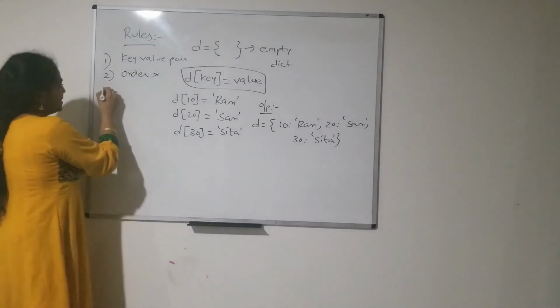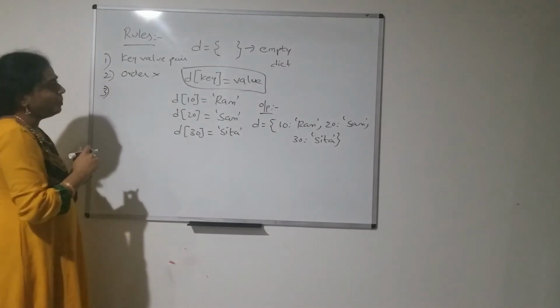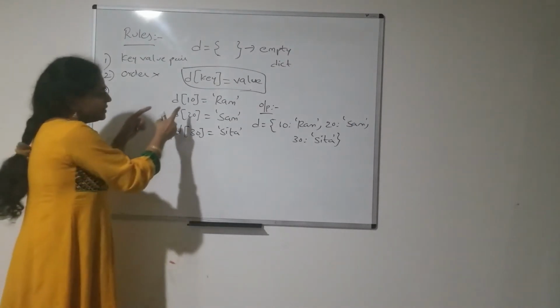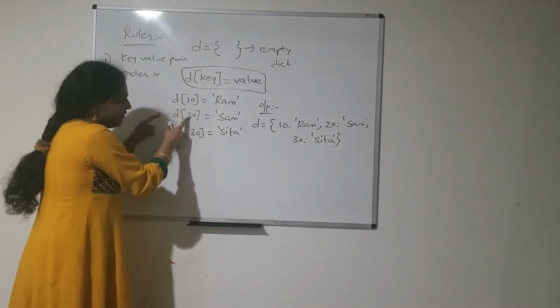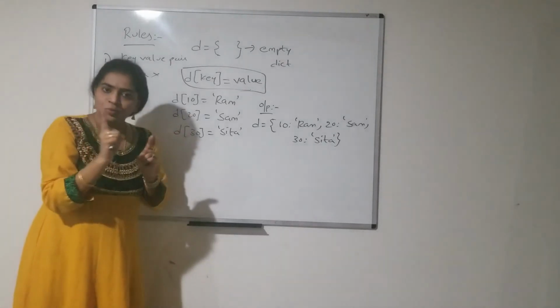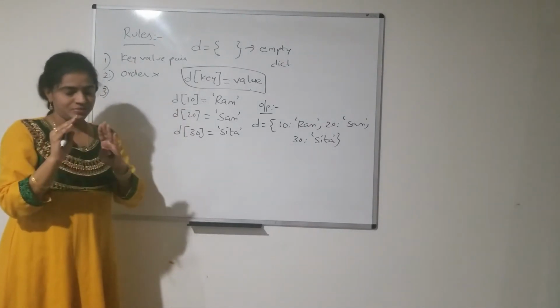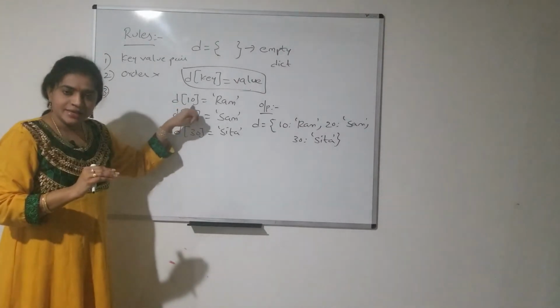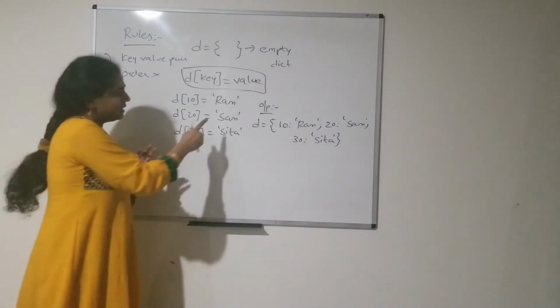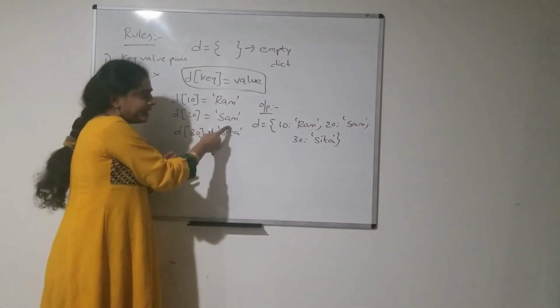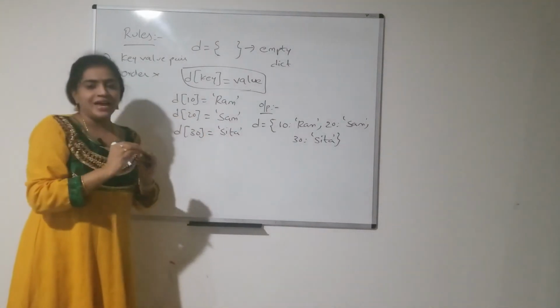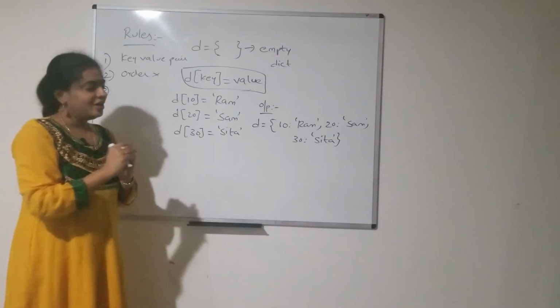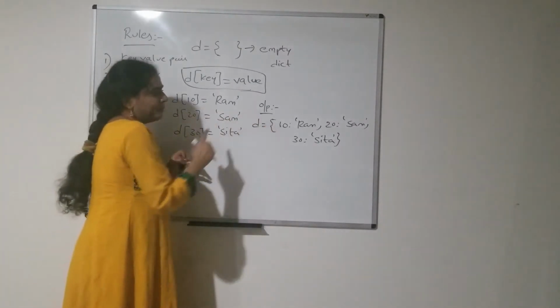Next, coming to duplicates, the keys should not be duplicates, but you can allow duplicates while taking values.